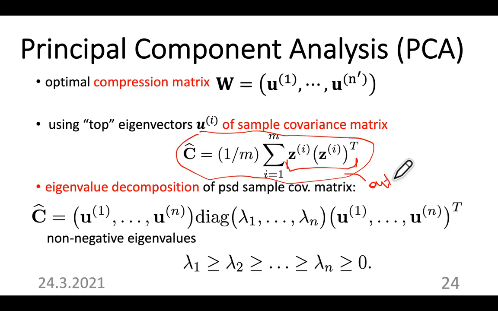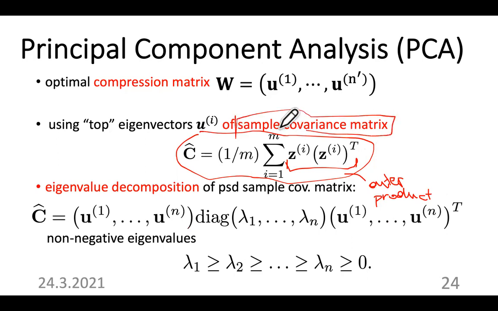But you don't need to remember that in detail. So this is sometimes called an outer product of the ith raw feature vector, and we sum those outer products over all data points. The average of these outer products is what I call the sample covariance matrix.